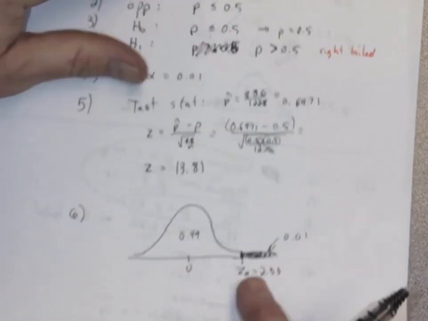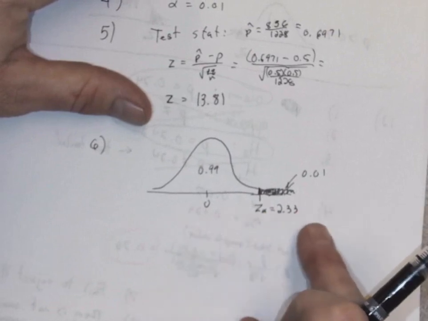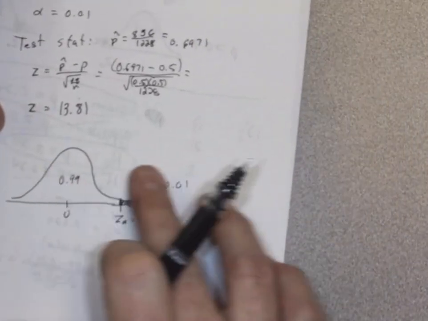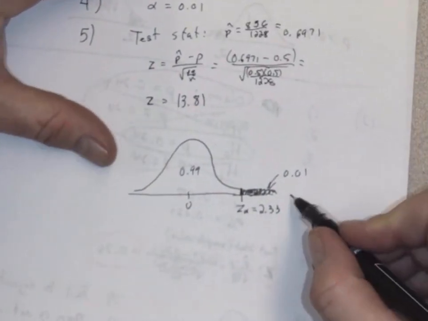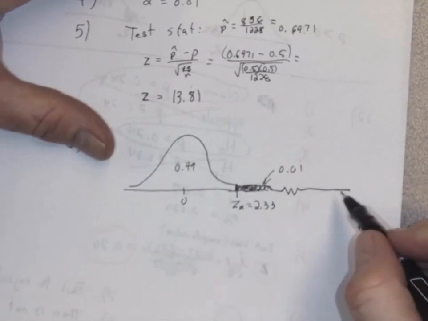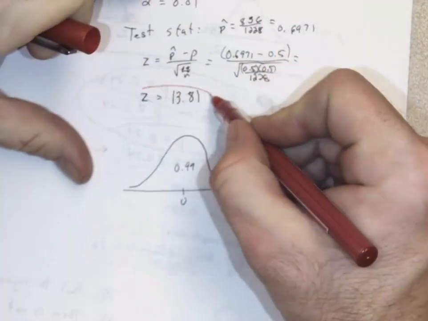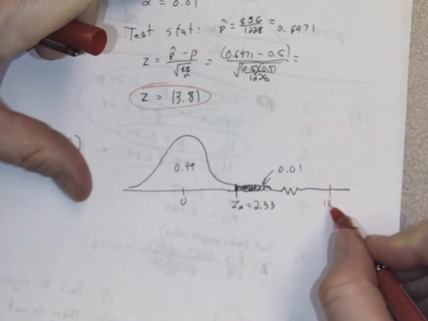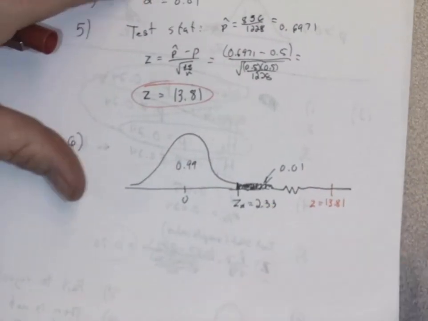It's way out here. So I'm going to draw a little broken graph. What I have here is way out to the right: that test statistic, 13.81, landed way out here. So how do these numbers look compared to each other?